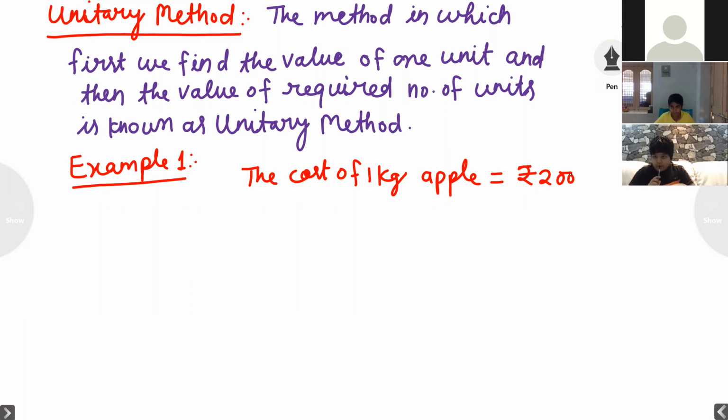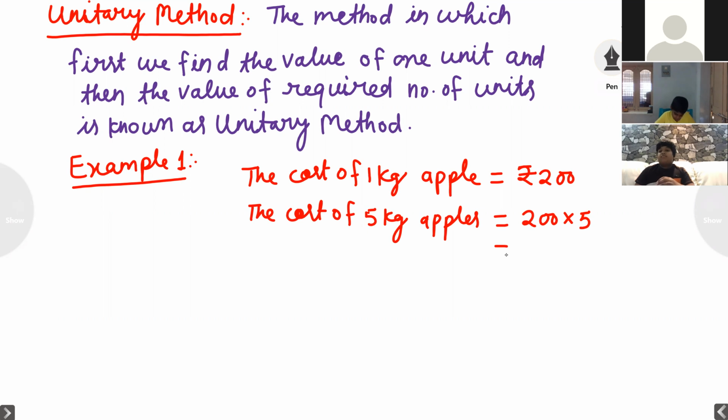Find the cost of 5 kg apples. Tell me the answer, students. 200 into 5. What is the answer? 1000 rupees.